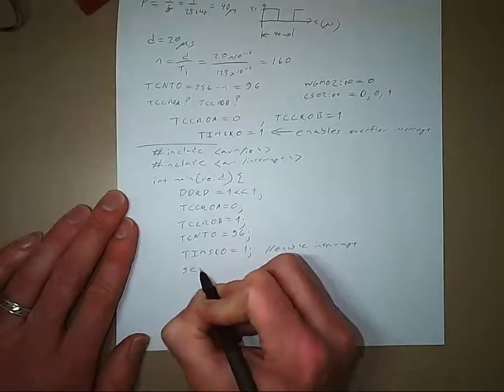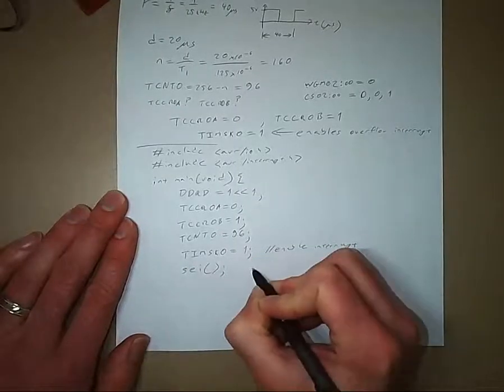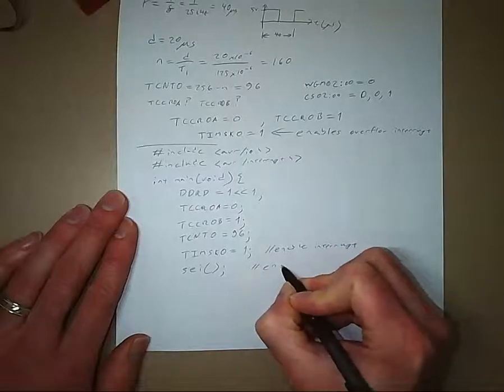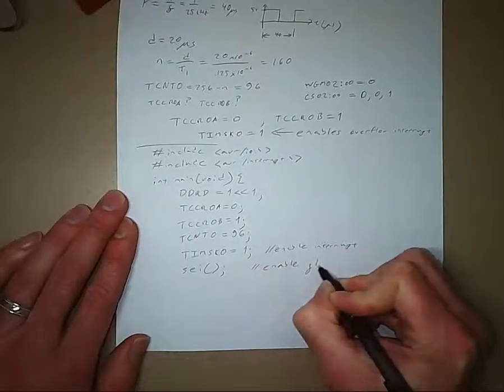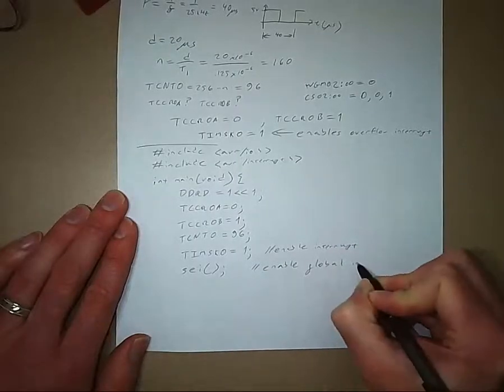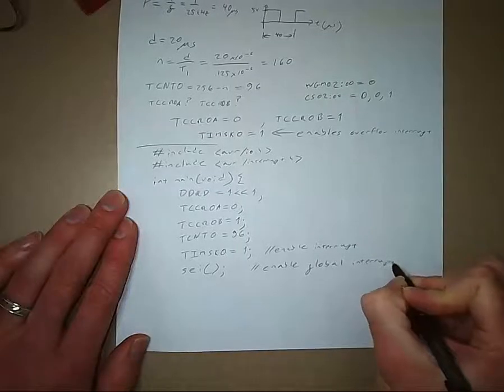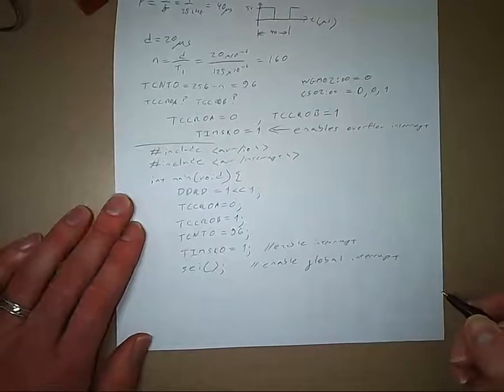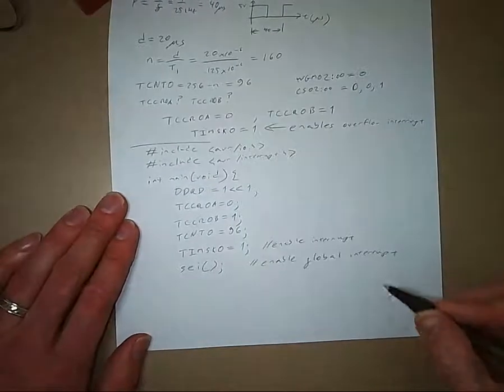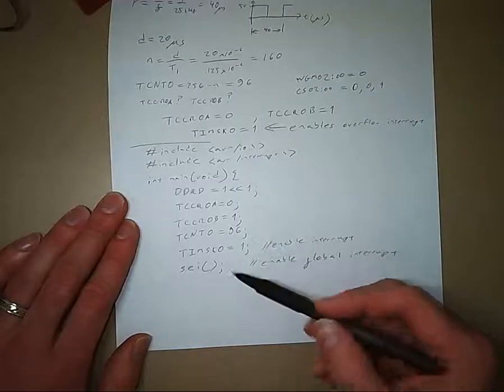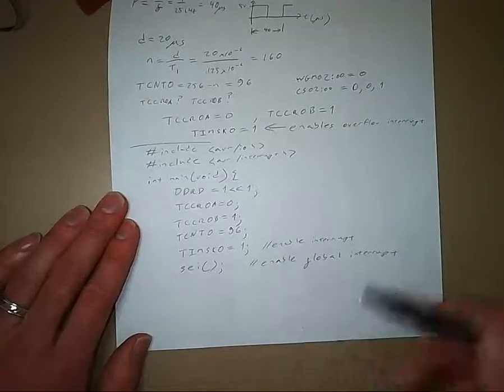So we use the function SEI to enable global interrupts. And that's it. So now we've got our timer going. Whenever it overflows, we will generate an interrupt.